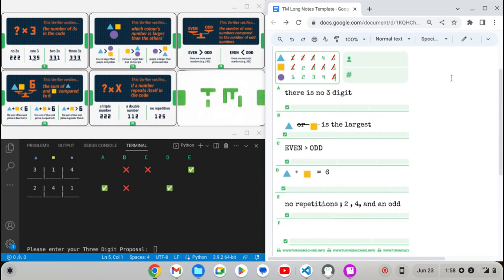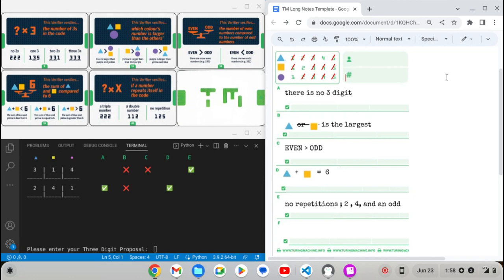And so again, for circle, what that means is that 1 is true, because that's the only other odd that remains. So it's not 3, and of course it couldn't be even either. And of course the 5 got canceled earlier when we discovered that it was not the largest. So that's our solution, 421.